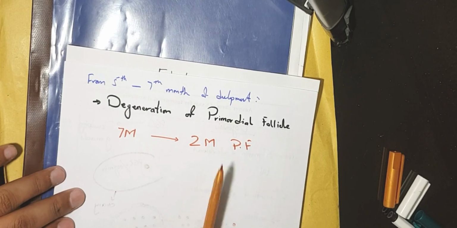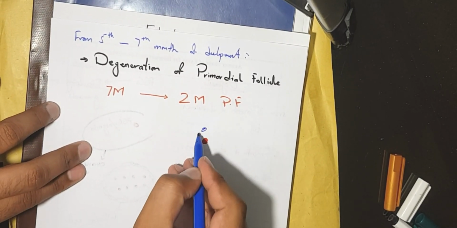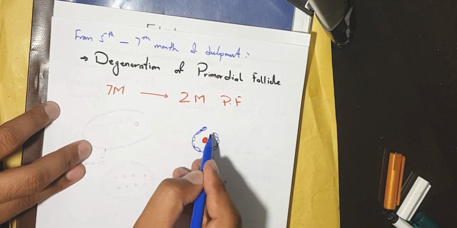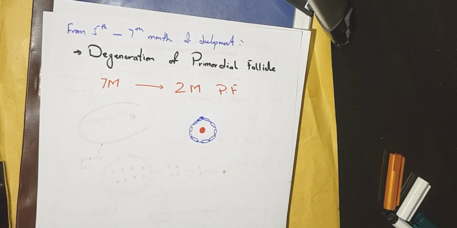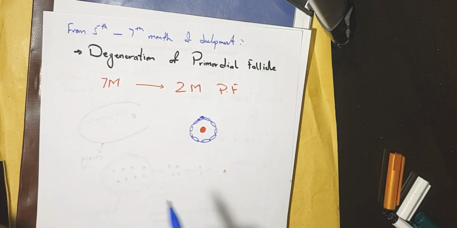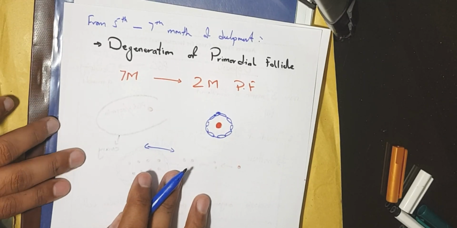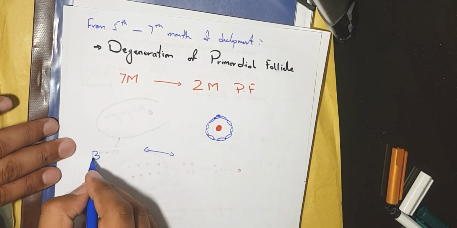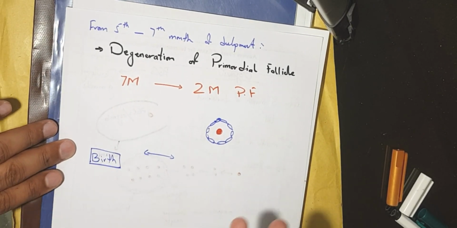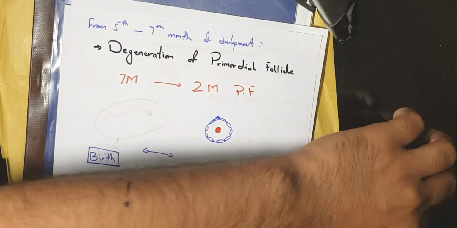Among the 7 million, only 2 million primordial follicles will remain, and all of these structures have the following structure: centrally a primary oocyte and follicular cells surrounding. This was what was happening up to the 7th month of development. This is embryological life, and all of these things are before birth.